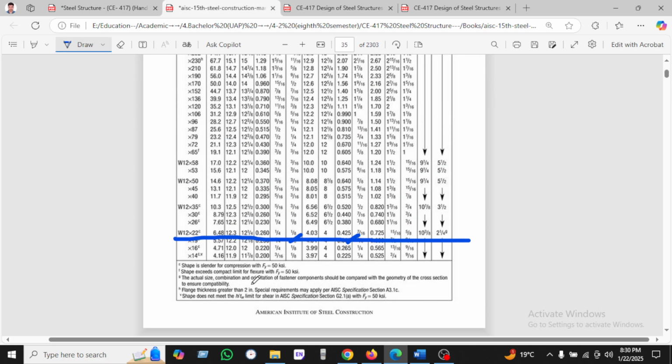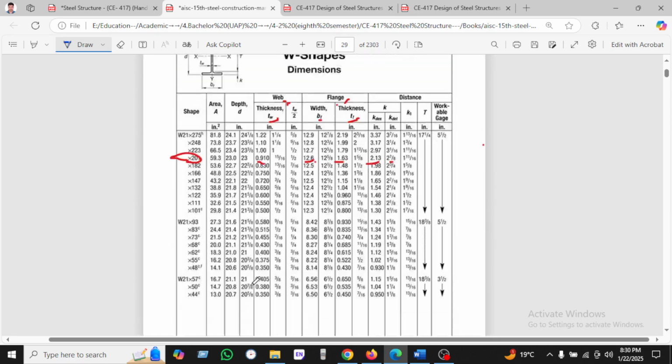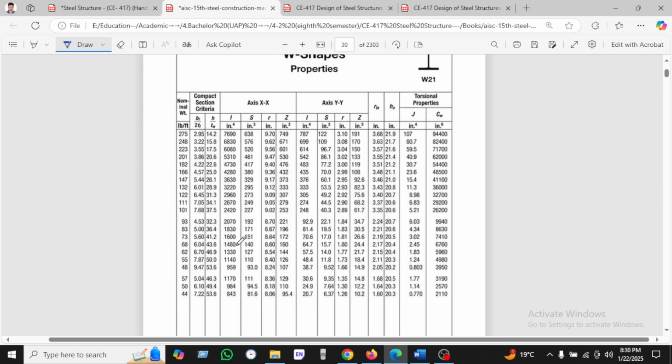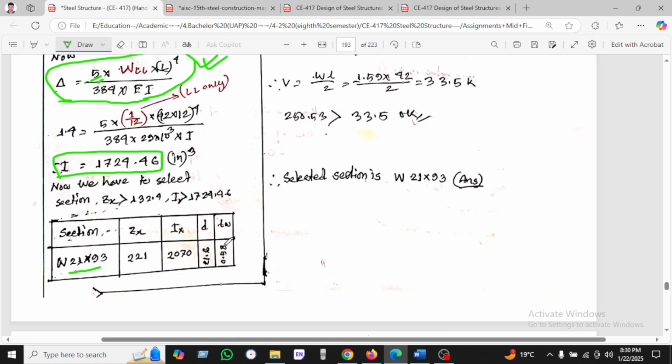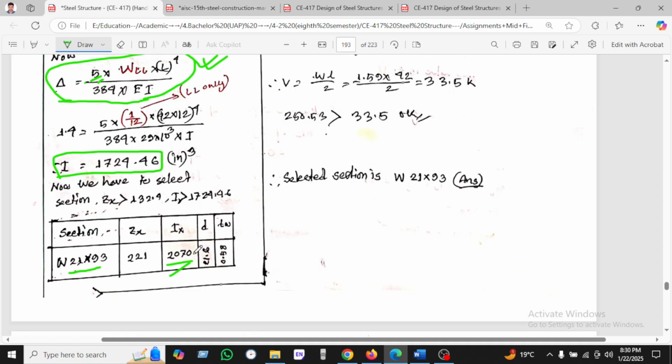If we go to the W21 by 93, we will find this table as usual. We found Ix equal to 2070, and Zx is 221.